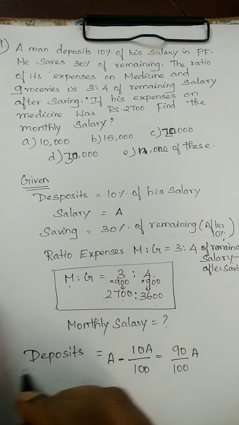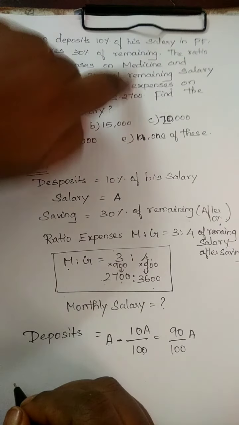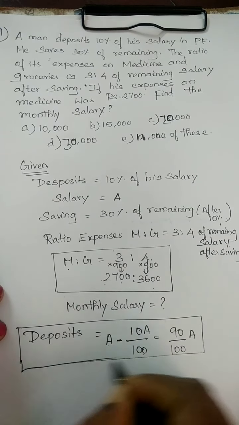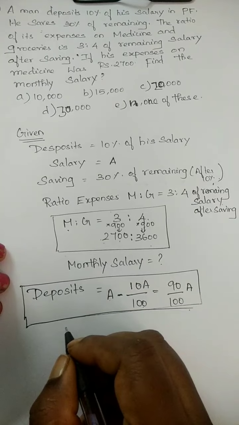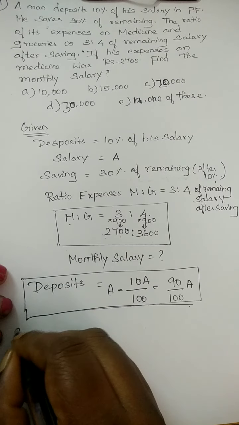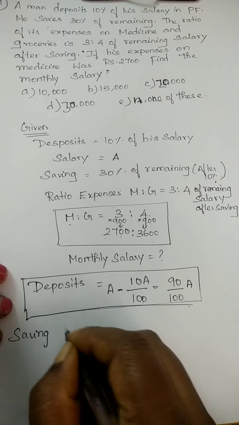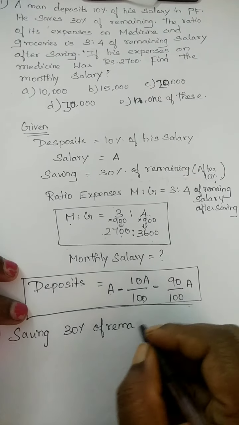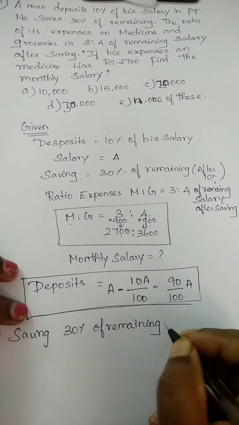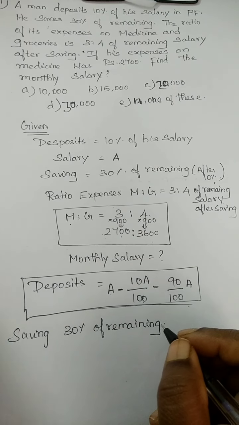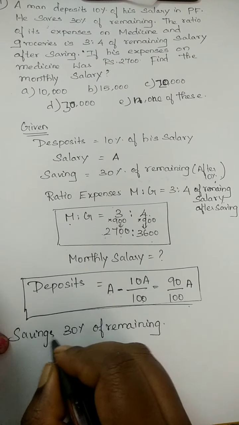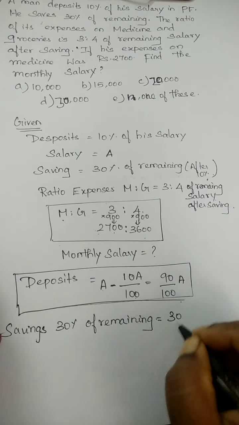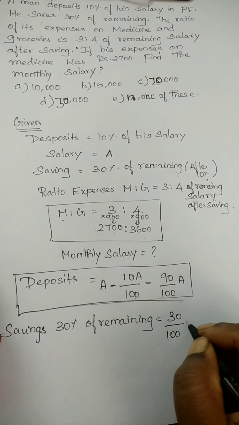After deposit, he saves 30% of remaining. Make it a tabular column. So savings are 30% of remaining. Remaining means after deposit, a man saves 30%. 30% means we already know 30 divided by 100.